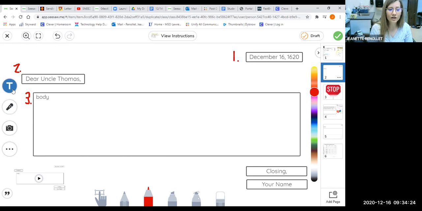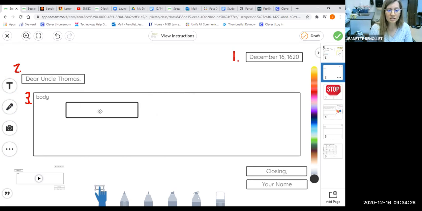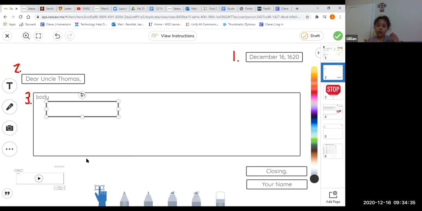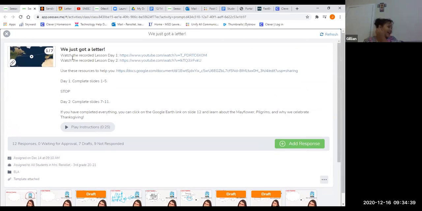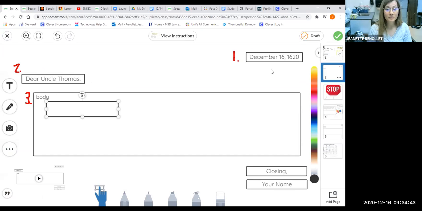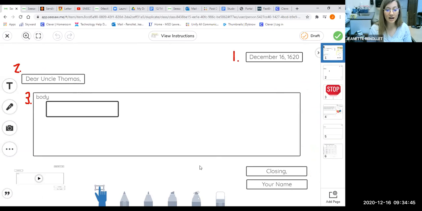In the body, you're going to type your sentences to tell him about life in the colonies. Don't forget, you have a link to the task from yesterday and Monday. You have the link on slide 1 right here.